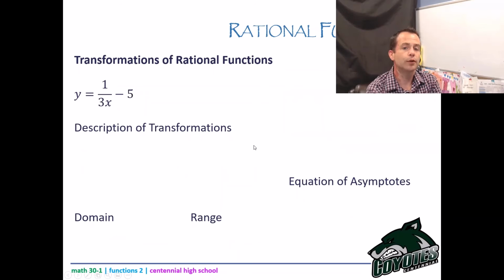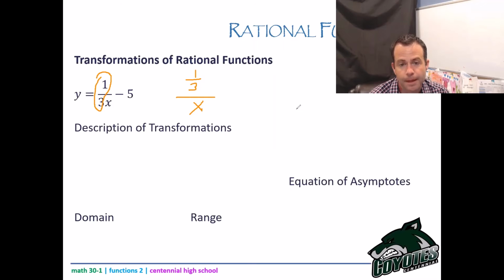Now we're going to go to 1 over 3x minus 5. Now, here's a great conversation. Remember I said we look at this in terms of A. So if I looked at this in terms of A, I would say I've got a vertical stretch of 1/3 there, right? That's the same as saying 1 over 3 over x. Well, for those of you who don't like me doing that, look at this.